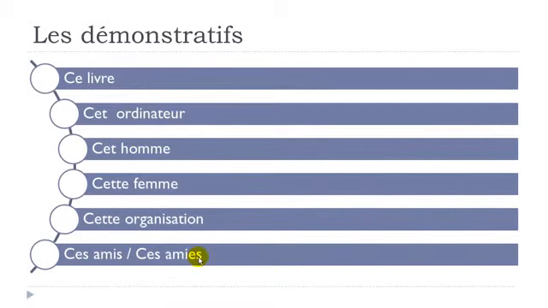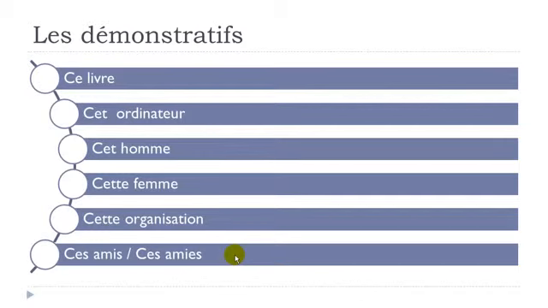Ces amis, ces amis. It's quite funny, because if you only listen to these two things, ces amis and ces amis, you don't have any phonetic information regarding whether it's masculine or feminine. That's the way it is.